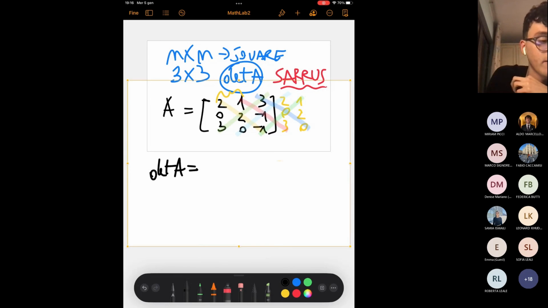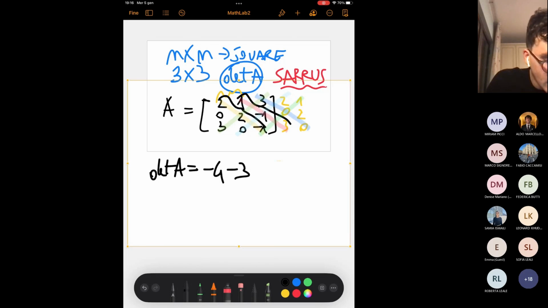We are doing something very straightforward, because it's just the application of the rule. It's -4, because it's the product of all these numbers. We have to do the products of the numbers in the diagonal. So it's -4, then -3, because it's the product of this other diagonal, and then plus 0, because it's 3 times 0 times 0.